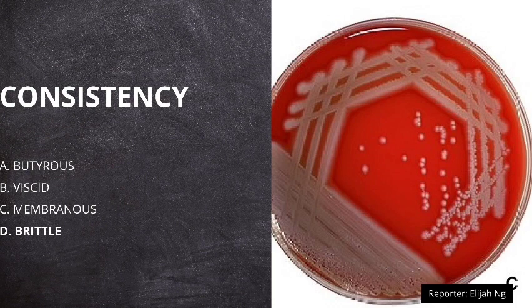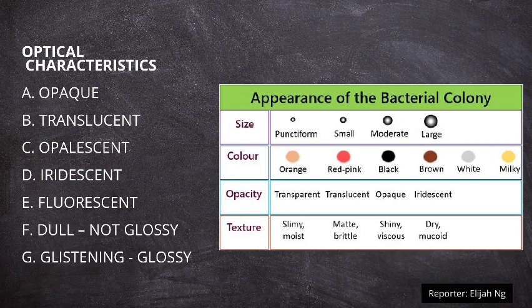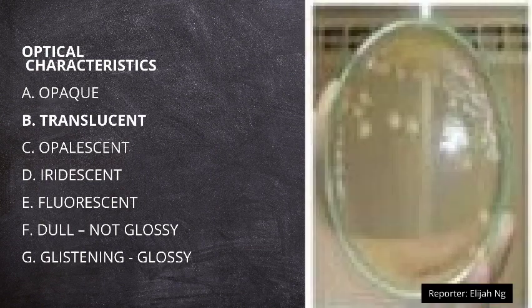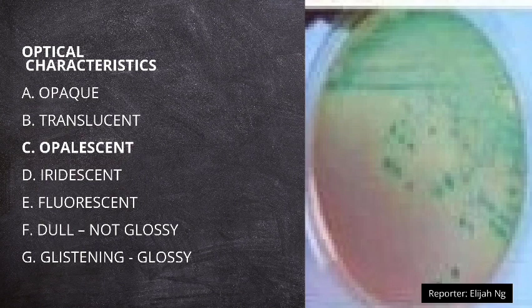The next characteristic would be optical characteristic. Moving on, the first is opaque, which does not permit light to pass through. Translucent, some light passes through, but not enough to permit visibility of objects viewed through the growth. Third one is opalescent. It's like an opal in color.